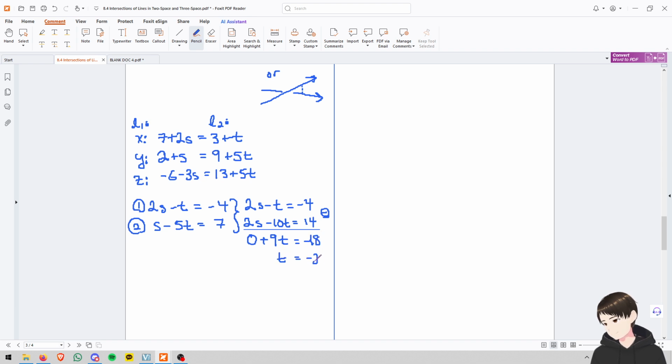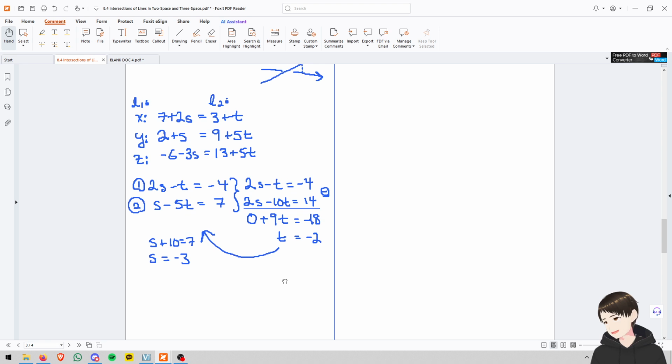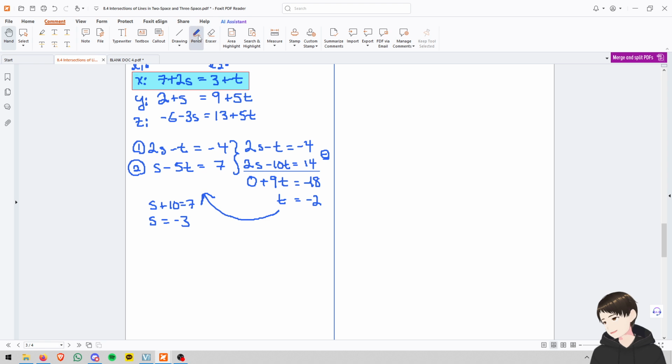t equals negative 2. If that's the case, let's figure out what s is. s plus 10 equals 7, so s is negative 3. Since s is negative 3 and t is negative 2 when the x's are equal, will the y's be equal with the same parameters? Let's check. 2 plus s equals negative 1. 9 plus 5 times t equals negative 1. Check.